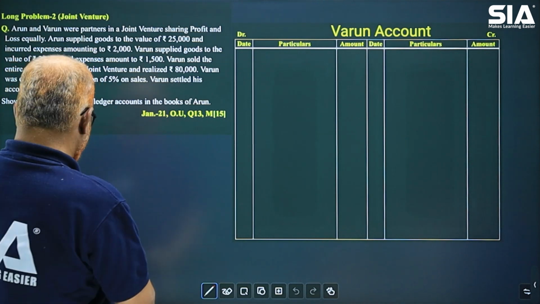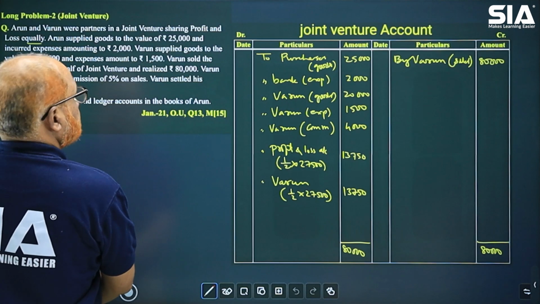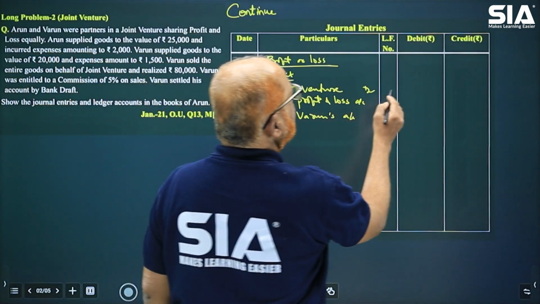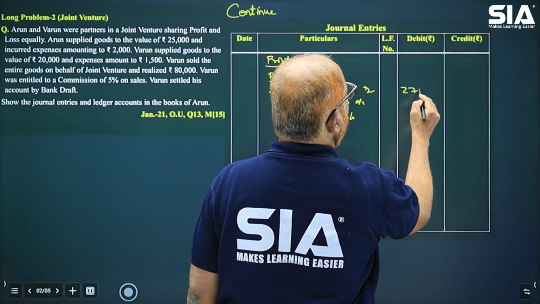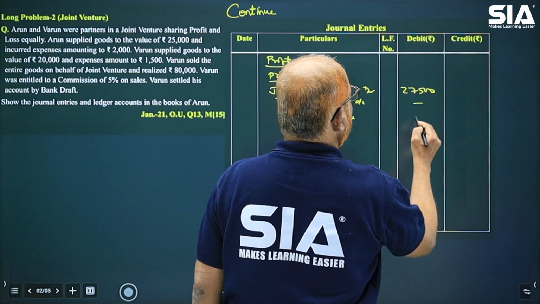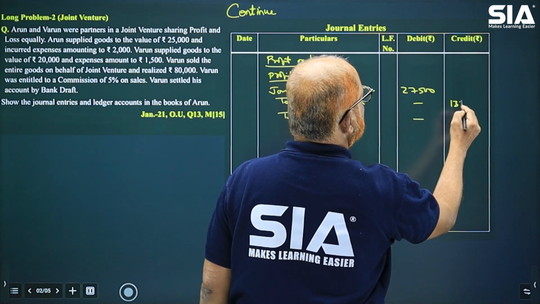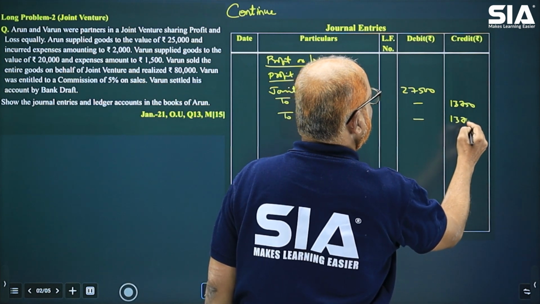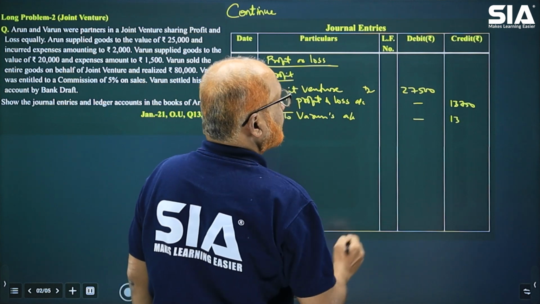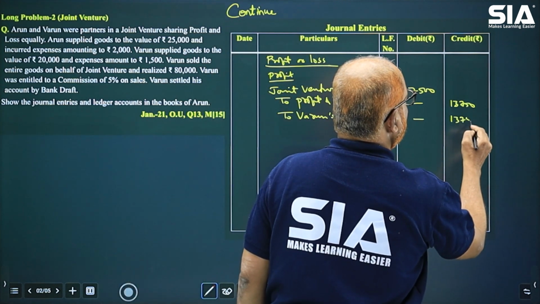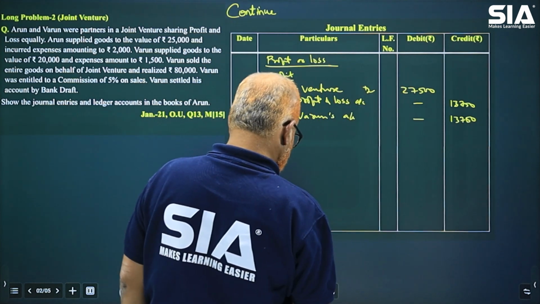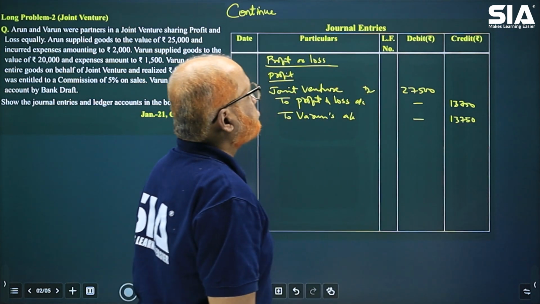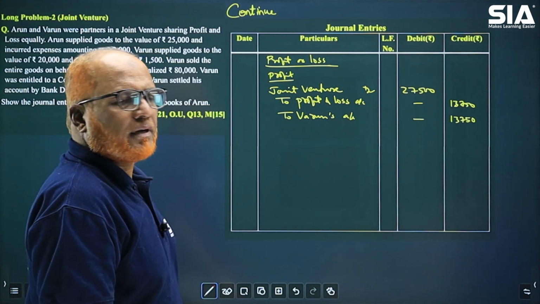So entry will pass 27,500, and each party will get 13,750. So this is the profit, right?